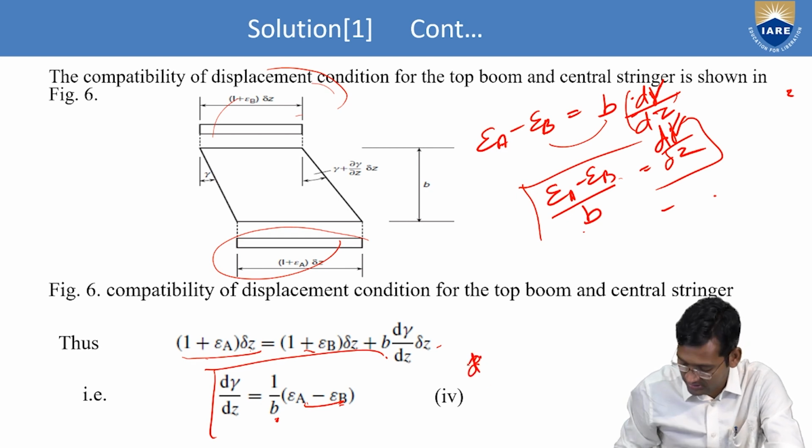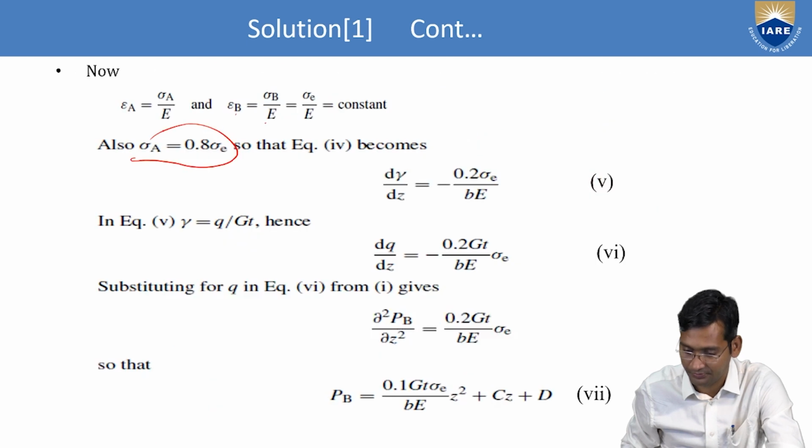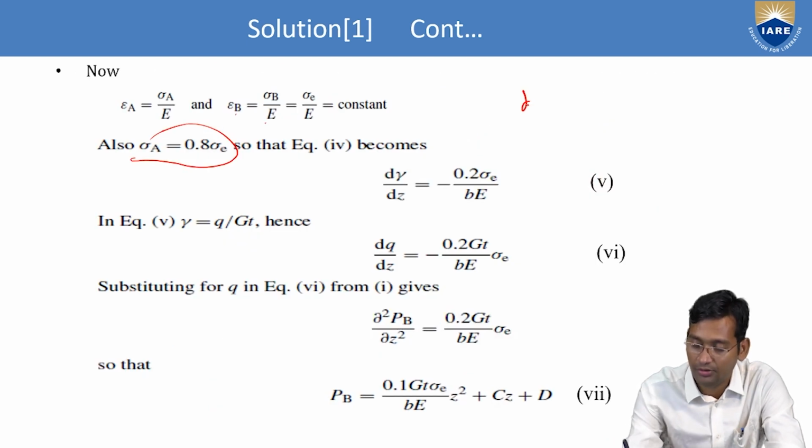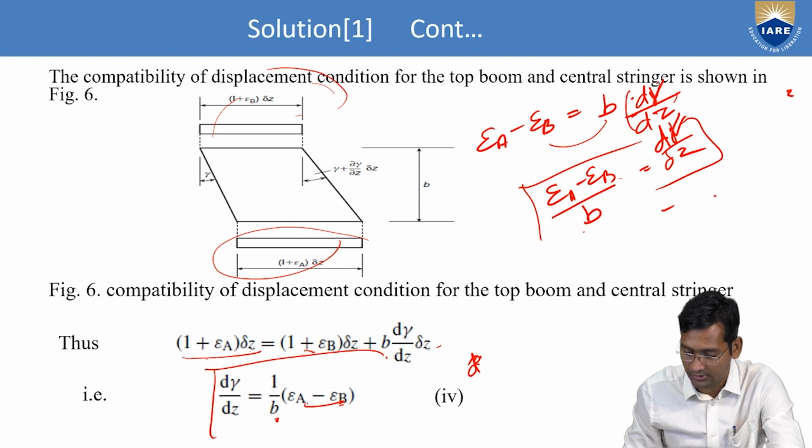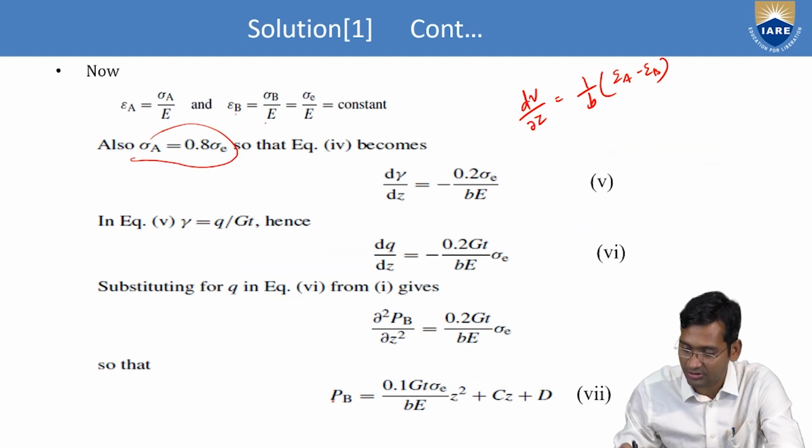Just let me write here. What we have? d gamma by dz is 1 by B into epsilon A minus epsilon B. What is epsilon A?